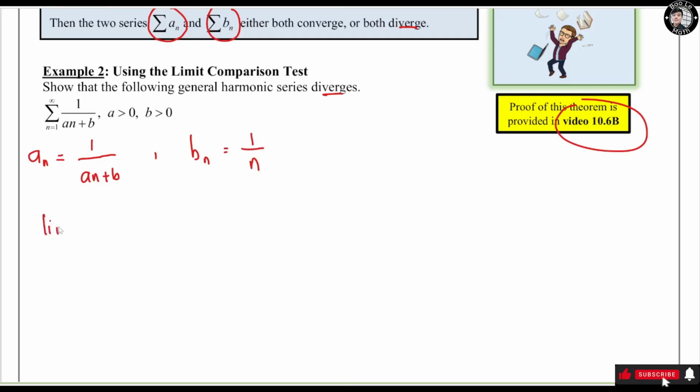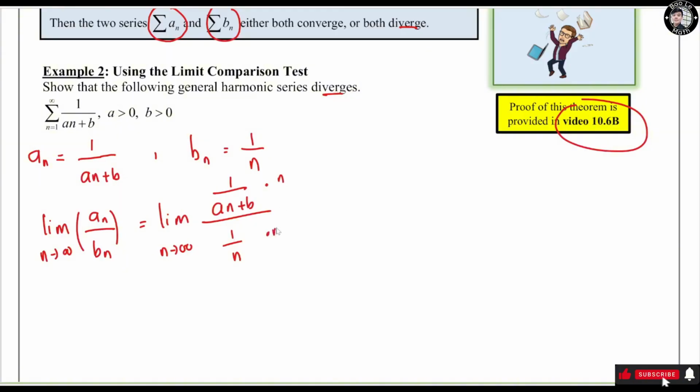Now we're going to take the limit of a sub n over b sub n when n approaches infinity, right? So it could be the limit of 1 over a n plus b over 1 over n when n approaches infinity, right? Now I'm going to multiply the top and bottom by n, so it's going to be the limit of n over a n plus b when n approaches infinity.